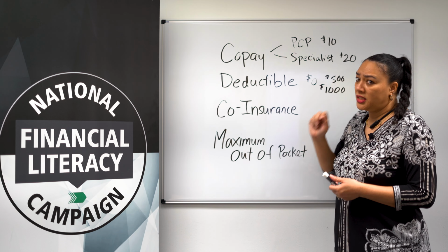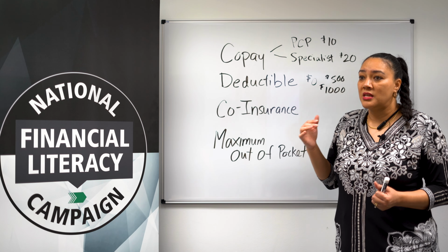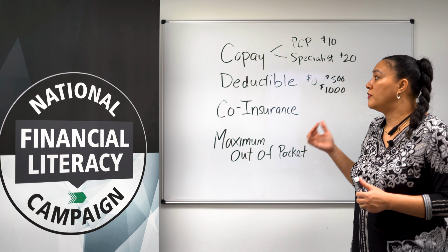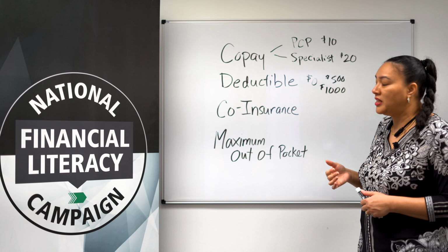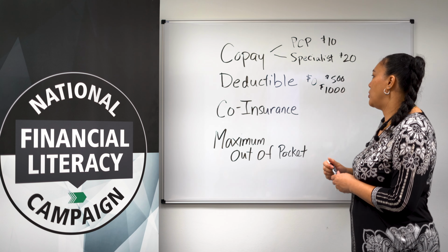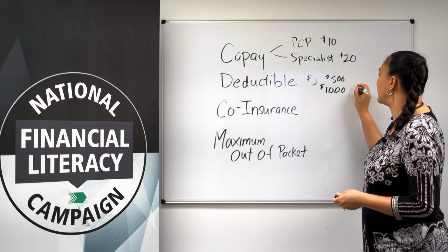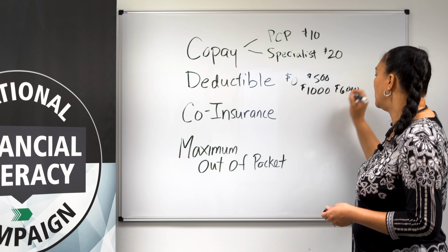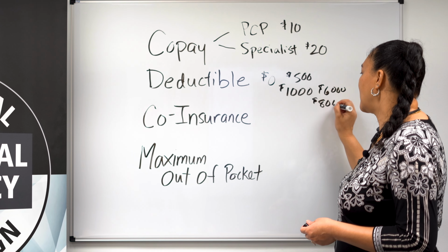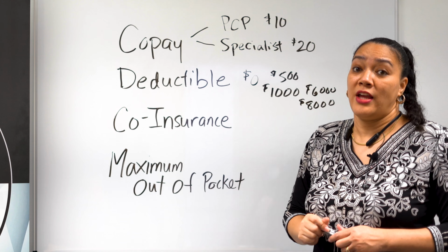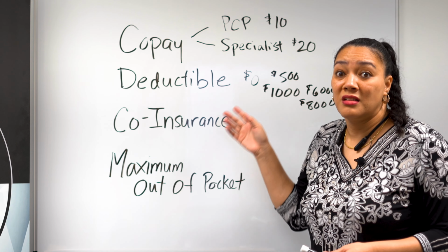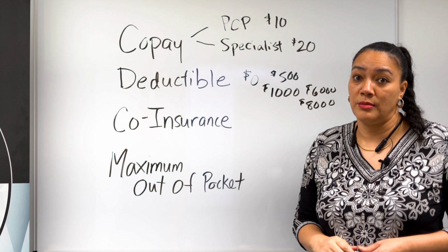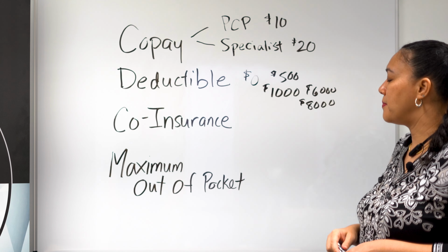But also the lower the deductible, sometimes the payment will go up as well for your monthly payment to purchase that plan. The higher the deductible, and I have seen even some plans have $6,000 deductible or $8,000 deductible, that would mean that you're going to have to pay all your medical bills until you finish the high deductible. Those are called high deductibles, right?